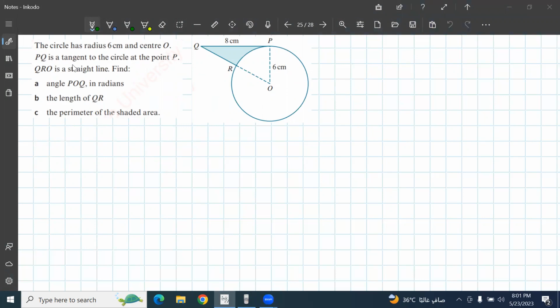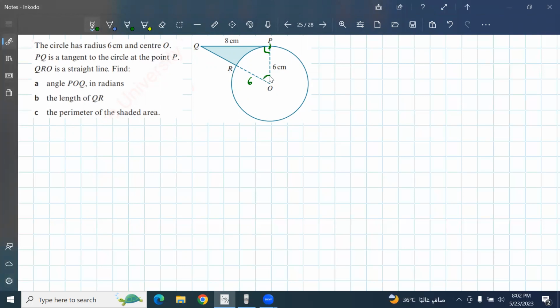So we can see that PQ is a tangent line. It touches at this point, and the angle between the tangent line and the radius is always 90 degree. This one is 90 degree. So we have this one 6 centimeter, so RO is also 6 centimeter. And next, PQ is a tangent to the circle at the point P. QRO is a straight line. Find the angle POQ.